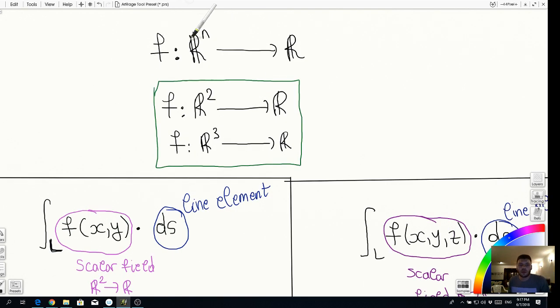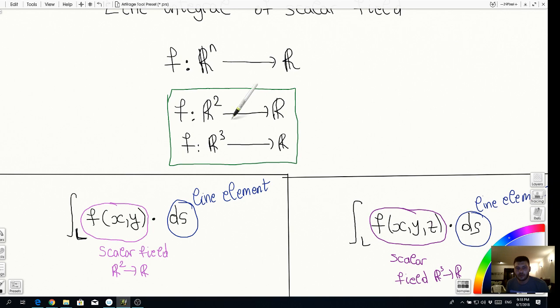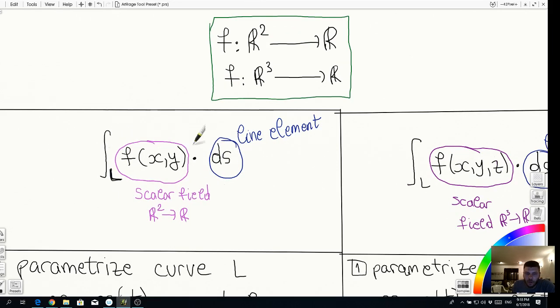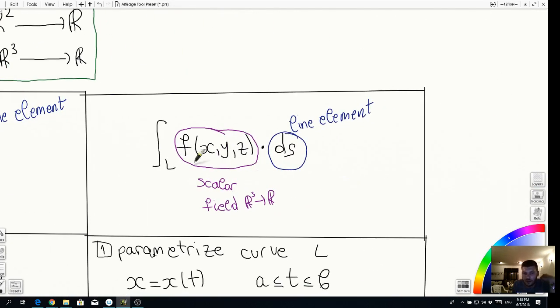Scalar field is a function from n-dimensional real space to R, and we were interested in functions from R2 to R and R3 to R. This is a notation for a line integral of scalar field in two-dimensional case, with a two-dimensional scalar field and line element, and here the three-dimensional scalar field and line element.